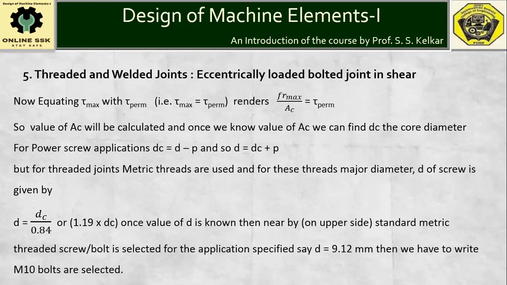Now, as far as these metric threads are considered, which are used for clamping purposes in threaded joints, their nominal diameter is given by core diameter divided by 0.84, or 1 by 0.84, which is 1.19. So nominal diameter is given by 1.19 times dc.